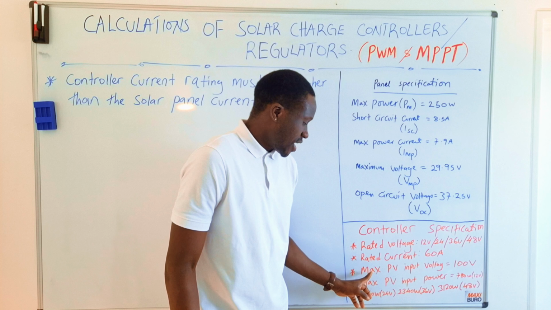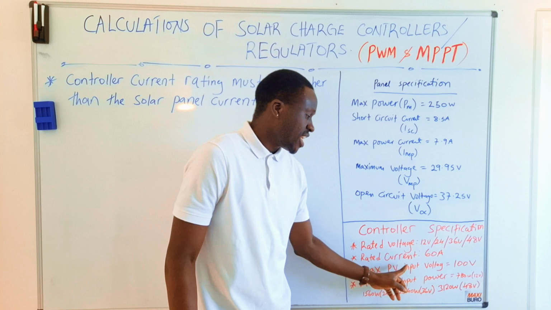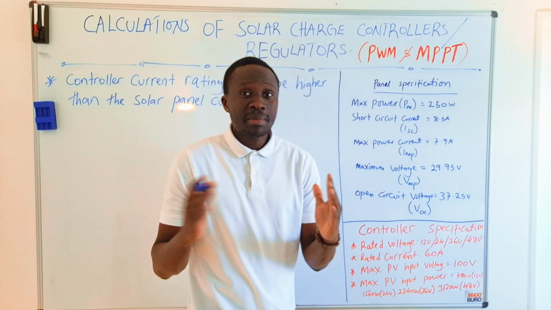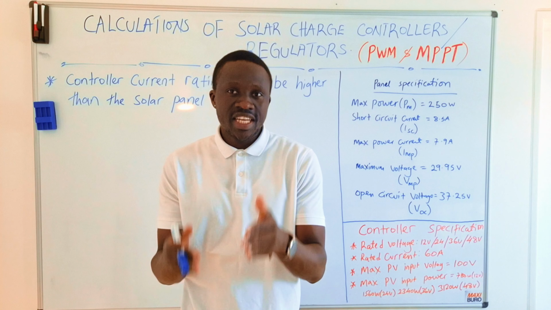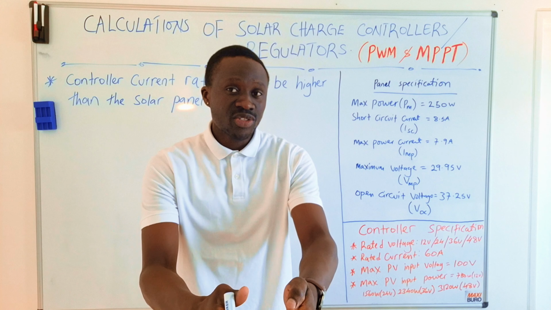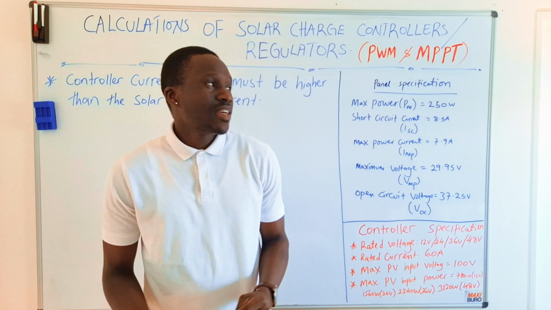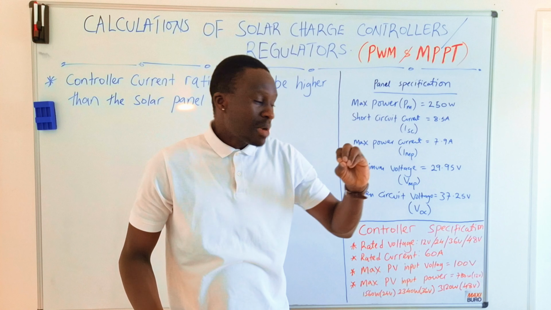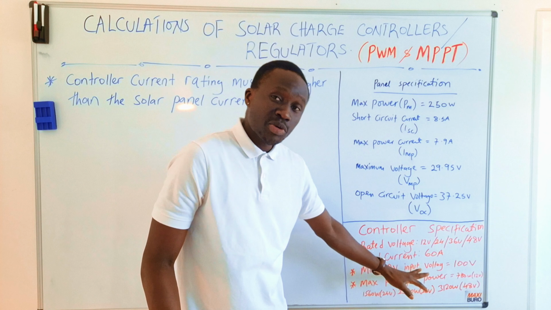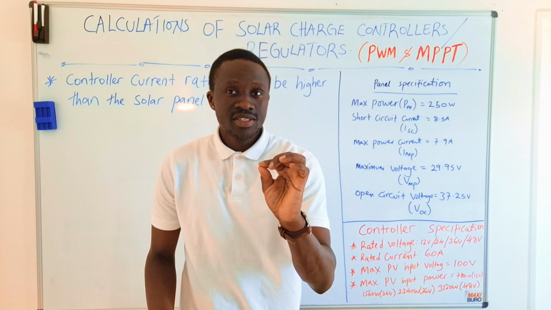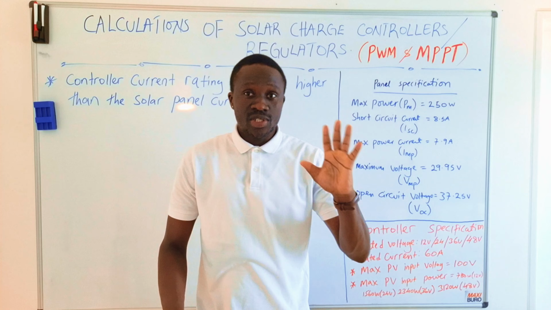Now I have seen also the maximum PV input voltage, the maximum photovoltaic input voltage, which will come into a charge regulator. Me, I have used 100. The maximum PV input is the voltage from the panels. I have put 100 volts.